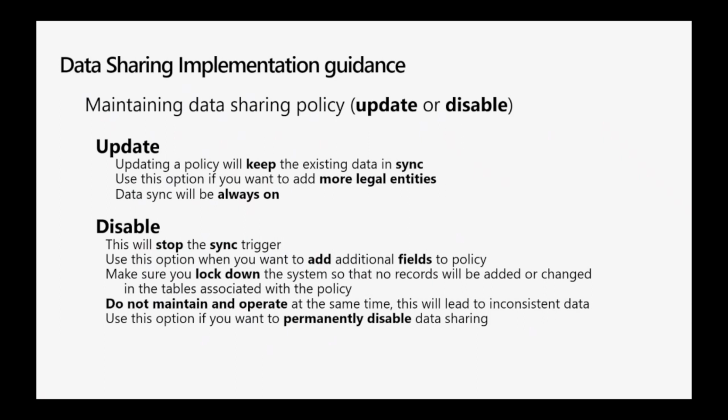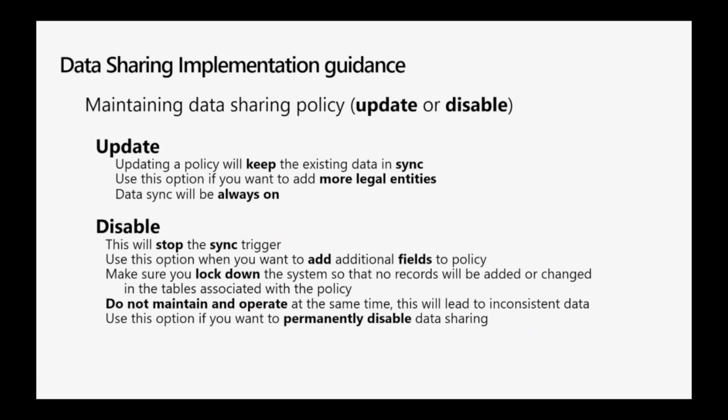The other one is the disable one, and that's the one that you have to be very careful with if you want to enable it later on, because this will really stop the synchronization trigger. Typically, you would use that in a scenario where you want to add additional fields to the policies, some that you had switched off earlier and you still want to add. But you must make sure that you only do that disable and enabling when you have a complete lockdown of the system.